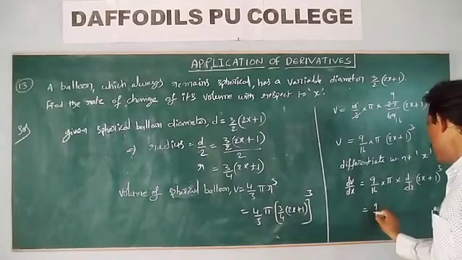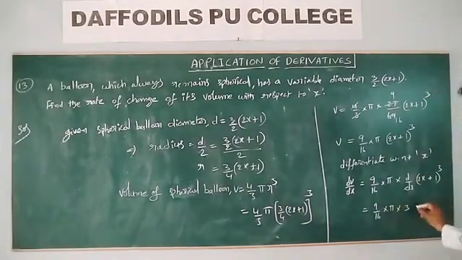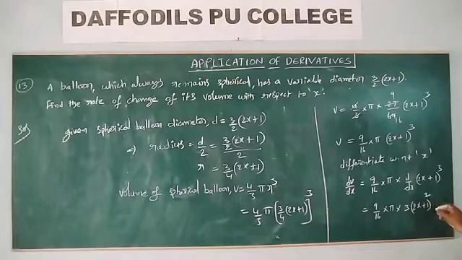That implies 9 by 16 into pi into 3, bringing down the power, 2x plus 1 whole power 3 minus 1, square. It's chain rule. By applying chain rule, the derivative of 2x plus 1 is 2 plus 0.